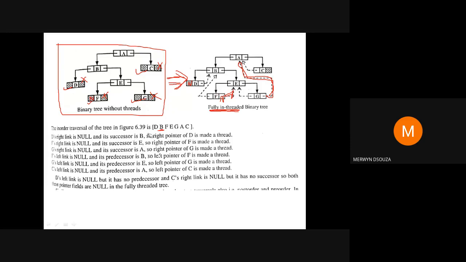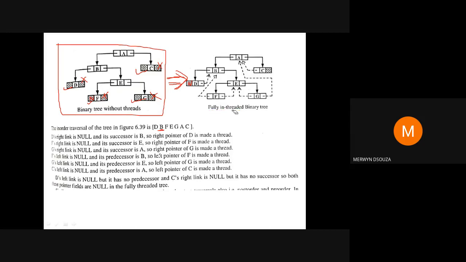Similarly, the next node is F. F's in order successor is E. So from F to E, a dotted arrow from the right side. Similarly, for G, the in order successor is A, so you draw from G to A. C does not have an in order successor, so you will keep that null only.